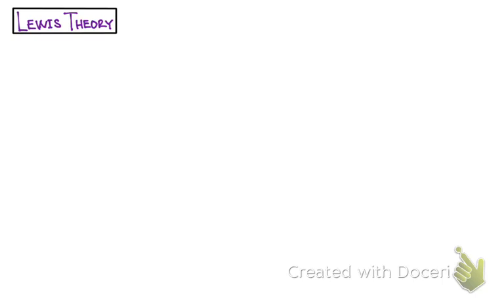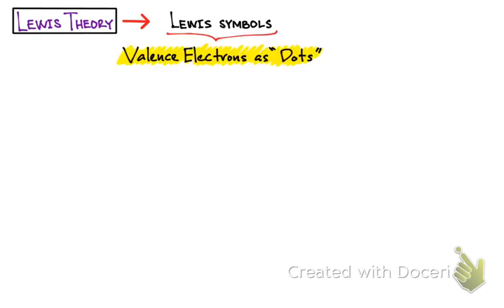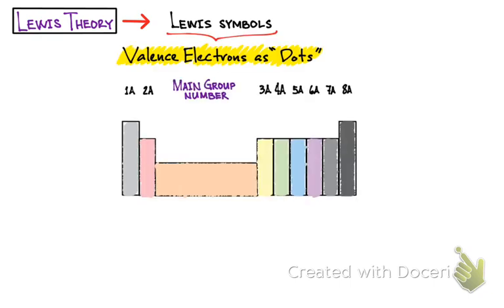The Lewis theory uses Lewis symbols, where the symbol of the element is surrounded by dots, which represent the number of valence electrons for that specific element. Using a periodic table, one can easily determine the number of valence electrons. The number of valence electrons matches the group number of that element.